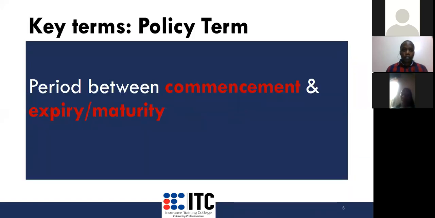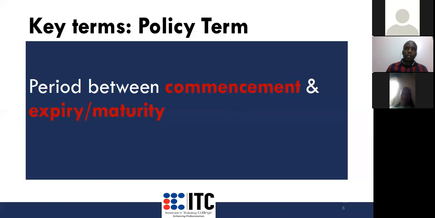Then the next key term is what we call a policy term. Now, what we're going to see is that some of the products have clear periods in which they actually work, while others, the period is not really defined. So where the period is defined, we call it the policy term.